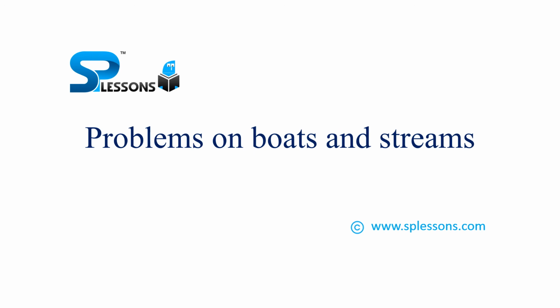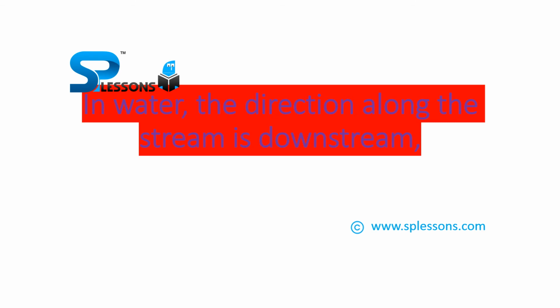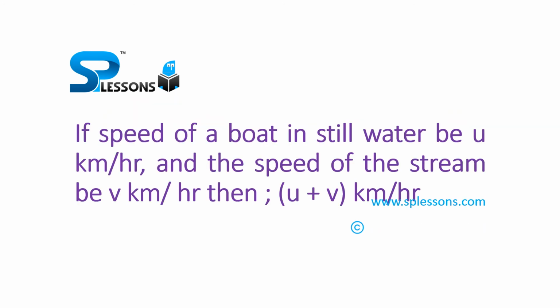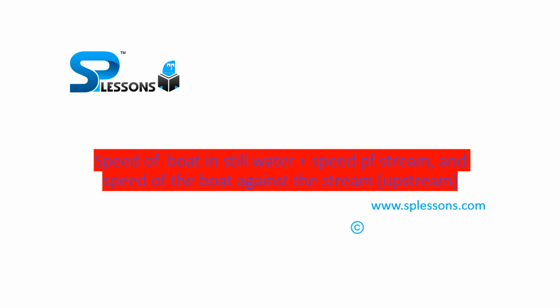Problems on boats and streams. Mostly we will see this type of time and distance problems in boats and streams and trains too. So first we are going to discuss streams and boats. In water, the direction along the stream is downstream and the direction against the stream is called upstream. If the speed of a boat in still water is u km per hour and the speed of the stream is v km per hour, then the speed downstream is u plus v km per hour, that is the speed of the boat in still water plus the speed of the stream.